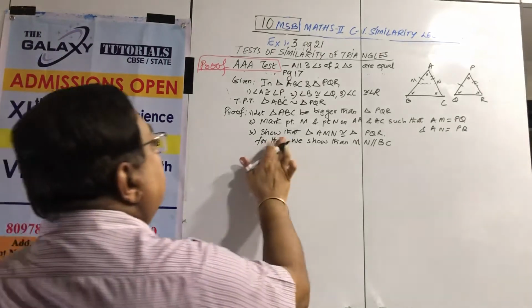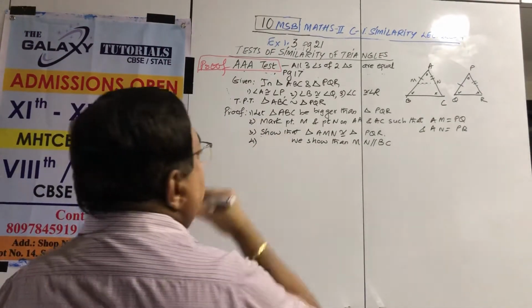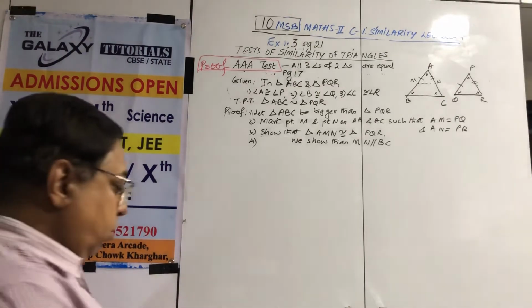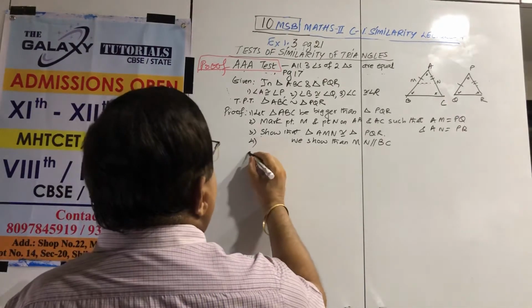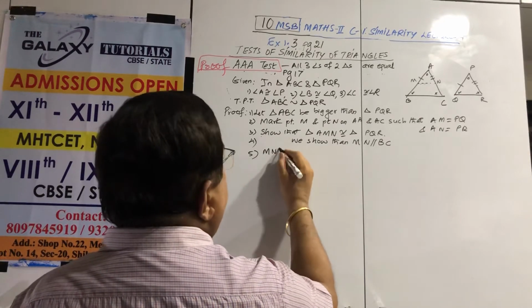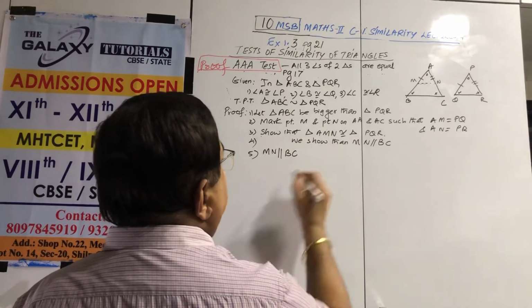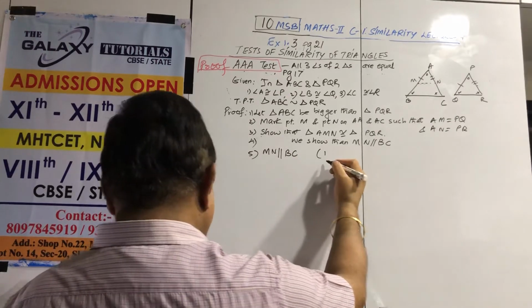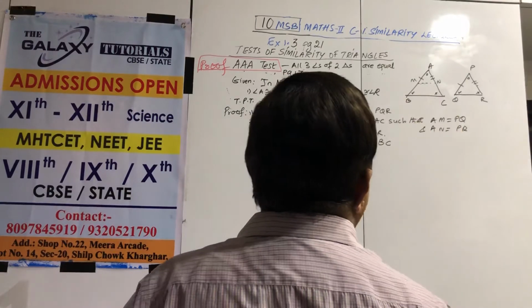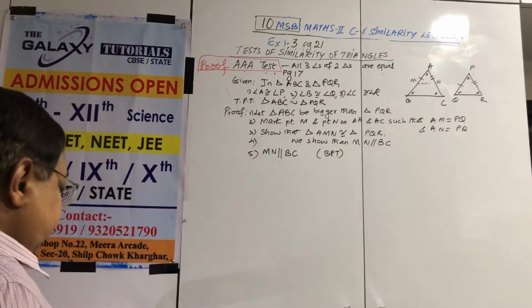Okay? Or we put it 4 so that you can remember the terms. Now, using BPT, I have MN is parallel to BC. Okay? Basic proportionality theorem. Corresponding sides are in proportion.